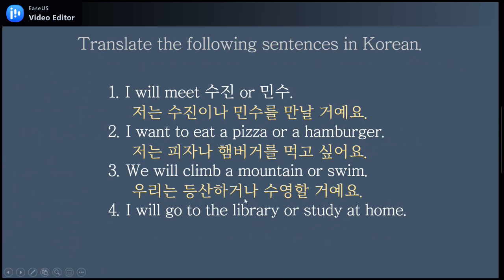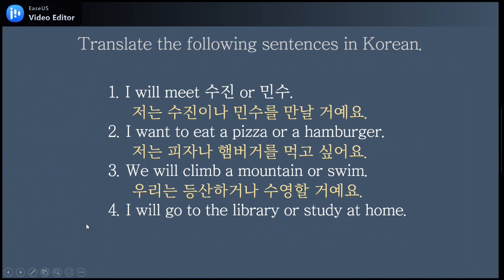So you have to be careful first. 하거나, because the base form is 등산하다. So get rid of 다 and you put 거나. So 등산하거나, climb a mountain, or, and the second one you have to be cautious, 수영할 거예요. Why? I put the future tense here.